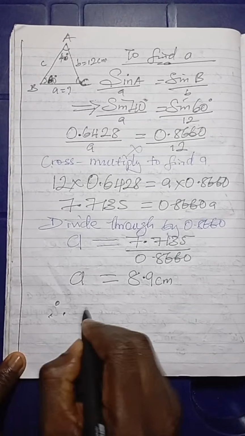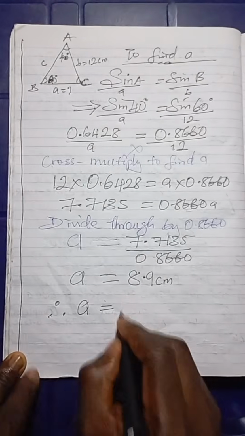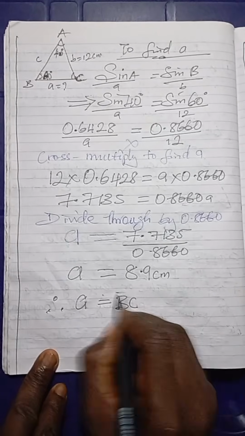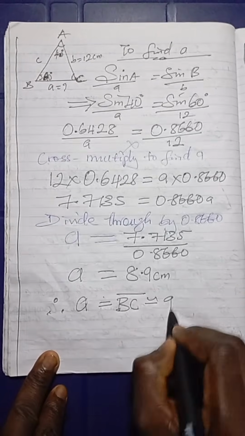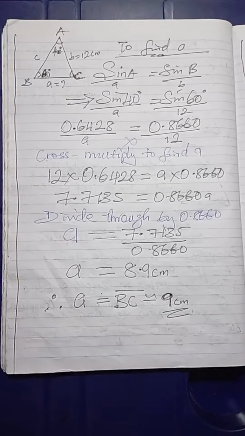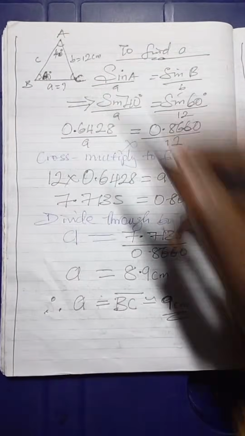You can say therefore a, which is equal to length BC, is approximately 9 cm. Alright, now what if you are asked to find c, which is AB?